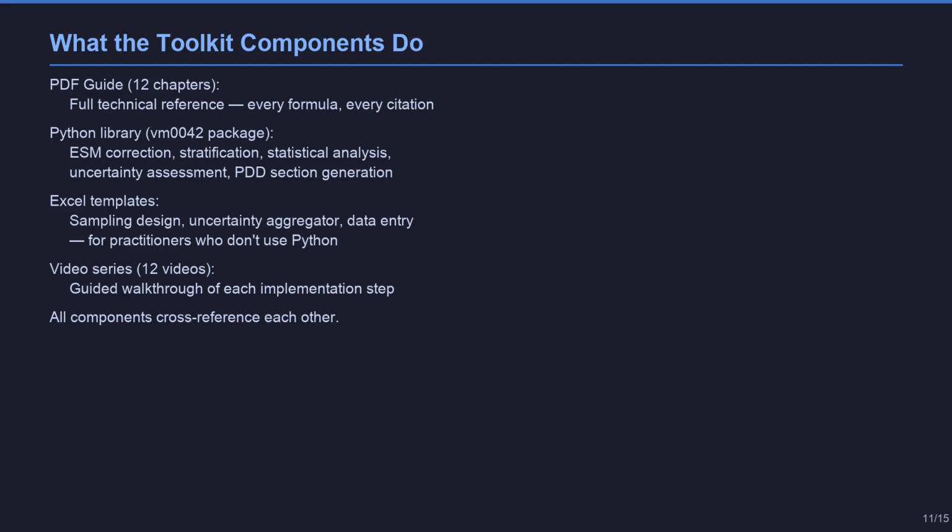The Excel templates cover sampling design, the uncertainty aggregator, and data entry for practitioners who don't use Python. And this video series, 12 videos, 1 per implementation step. All 4 components cross-reference each other, so you can move between them as your workflow requires.